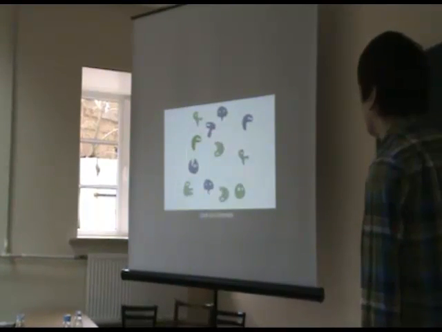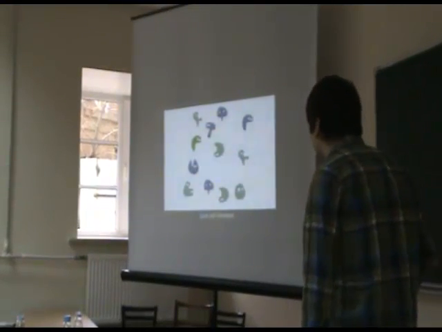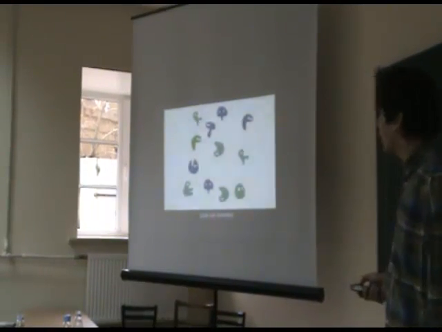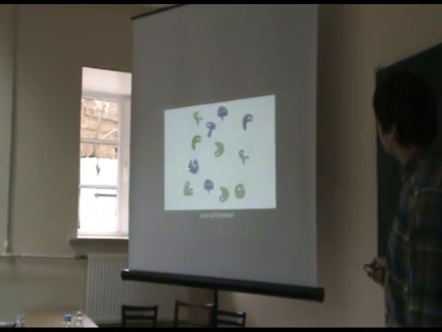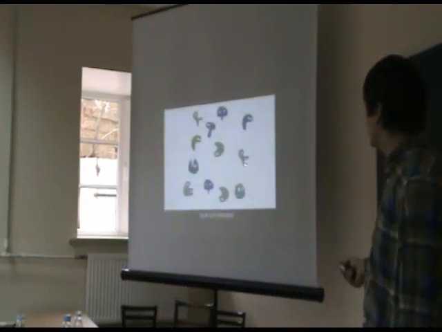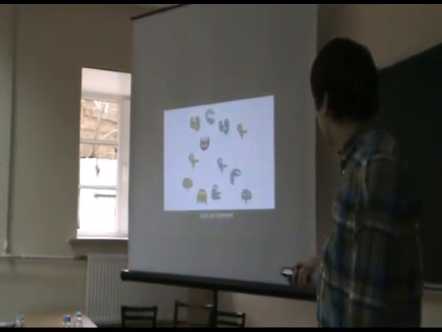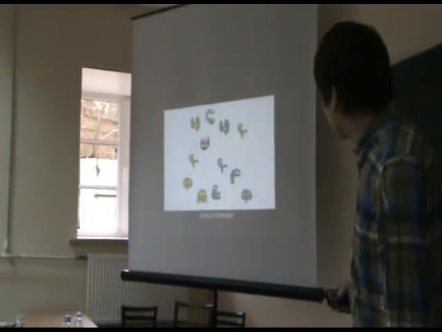You have a lot of small monsters on the screen which have different colors, and you need to find the one that has a different color. For example, here you need to find the green one because others are either blue or another kind of blue. And here, for example, it's the red one.